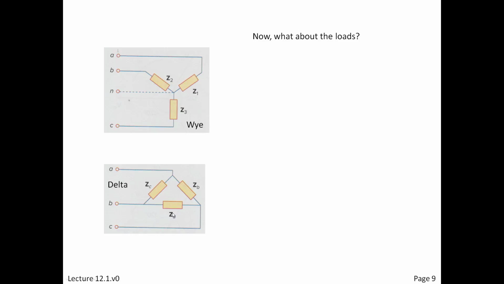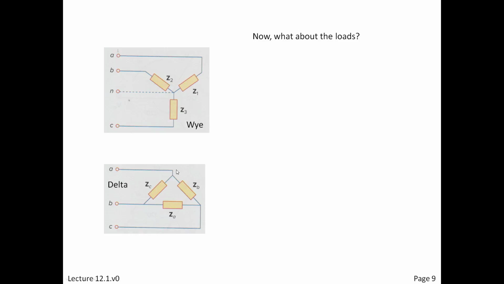In the delta, we've got ZA, ZB, and ZC. We changed the subscripts from 1, 2, 3 to A, B, C. And that is because these are not, ZB does not equal Z1 or Z2 or Z3. ZB is something else. It's related to this, but it's not identical. So these 3 are going to be equal, and these 3 are going to be equal, but they're not going to be equal between configurations.